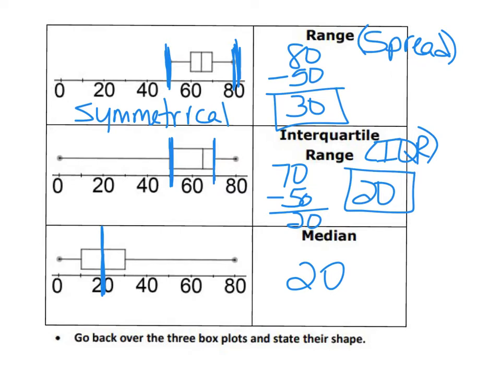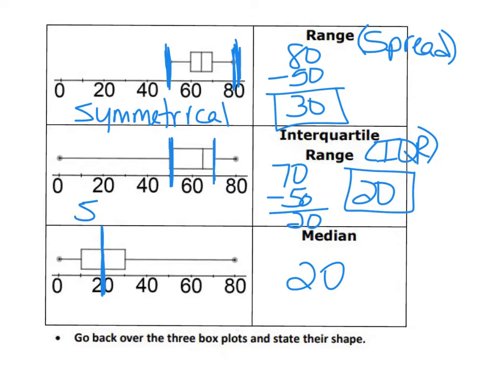Okay, how about the next one? Again, we're only looking at the box plot. Is it skewed left, skewed right, or symmetrical? Left. Remember, wherever the longest part is, the longest tail, that's going to be skewed left.